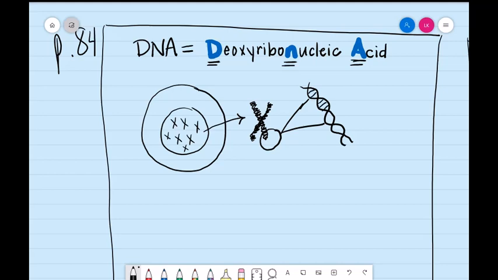With these like steps in the ladder, if this were a twisted ladder. We call this shape a double helix. That's literally the name for the shape of DNA. It's pretty unique and awesome.